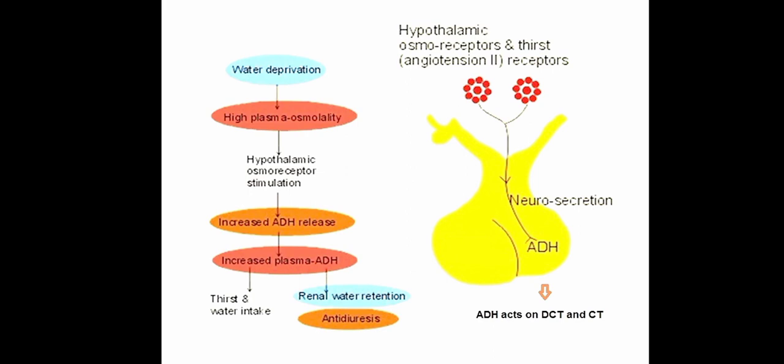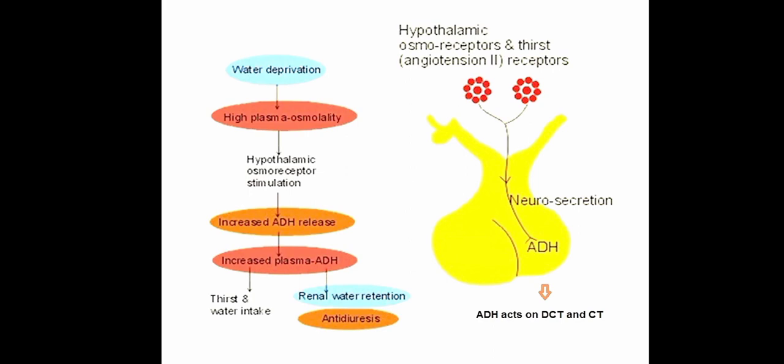In a simple way, when there is water deprivation, less amount of water means the plasma osmolality is high, and that high plasma osmolality stimulates the osmoreceptors present in the hypothalamus.